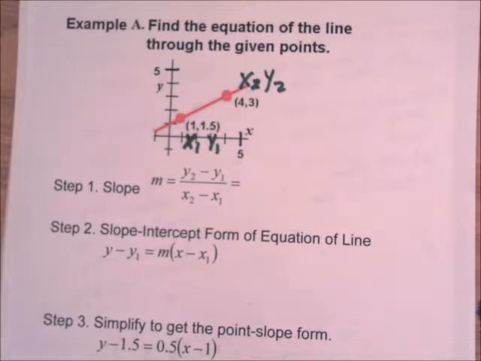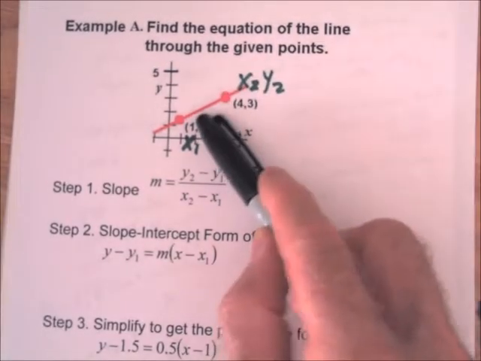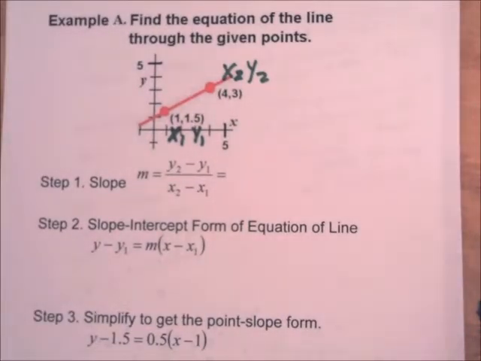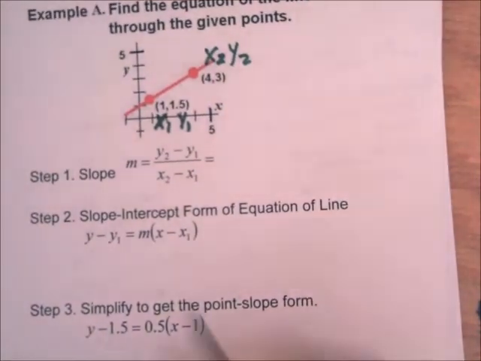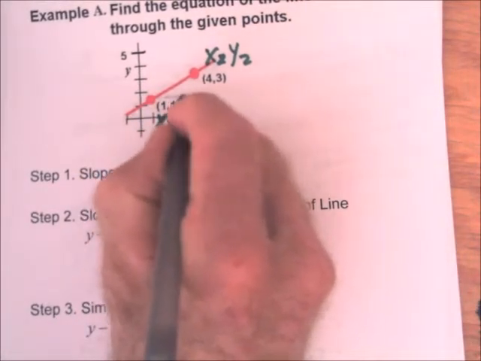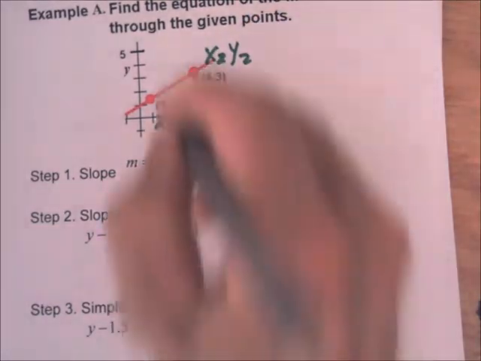So then the slope is going to be the difference of the y values divided by the difference of the x values. Some people call it the rise over the run. This piece here would be the run, and this piece here is the rise.